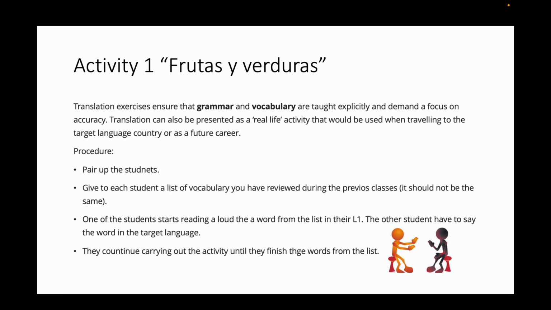Then, after I give this list to my students, one of them starts reading aloud a word from the list in our mother language, that is Spanish. So, for example, I start this activity saying manzana. The other student has to say the word in the target language, in this case English. Apple. Okay, and then they switch turns. So they continue with this until they finish the entire list.